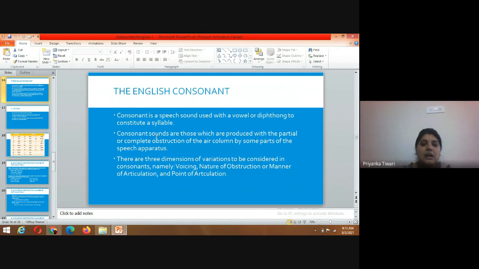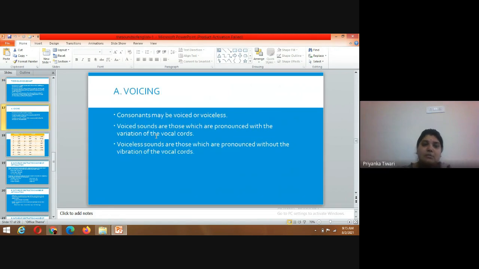There are three dimensions of variation to be considered in consonants, namely voicing, nature of obstruction or manner of articulation, and point of articulation.